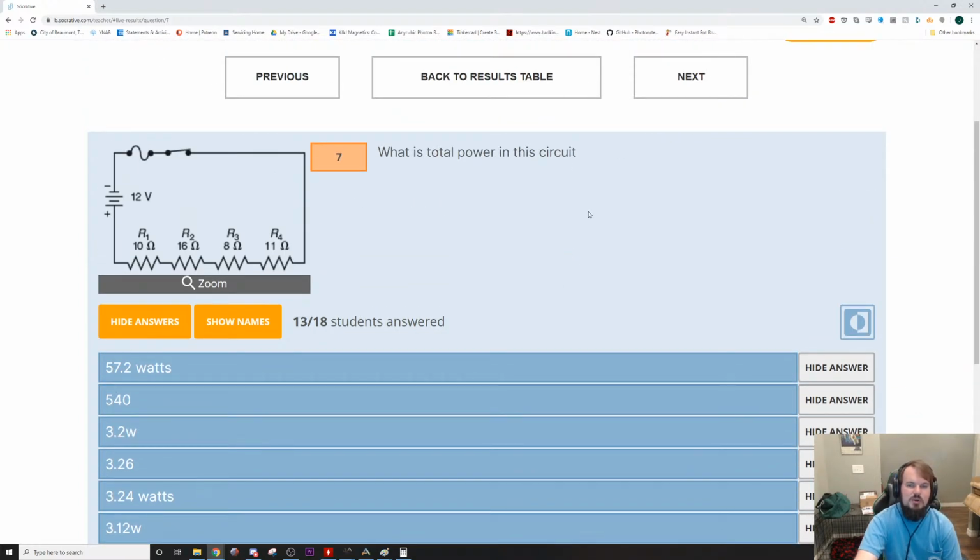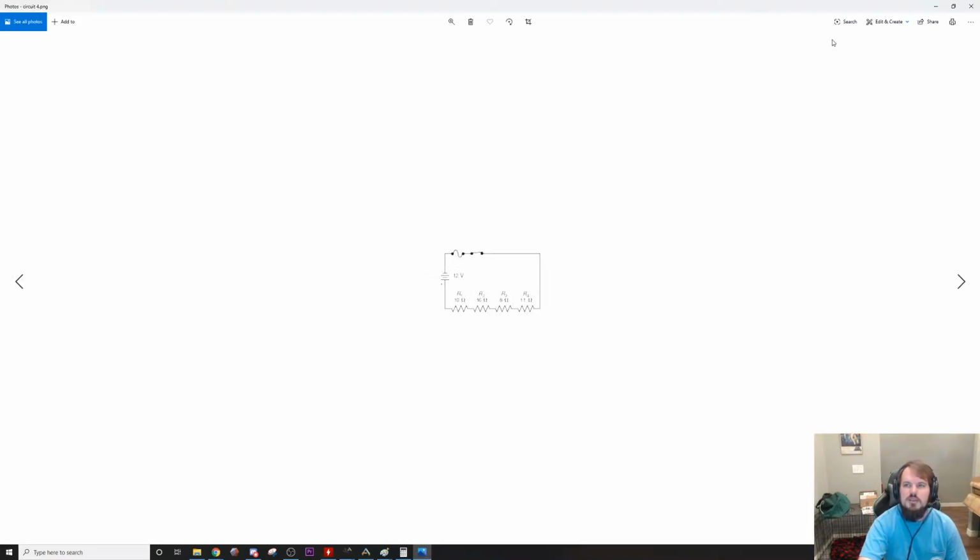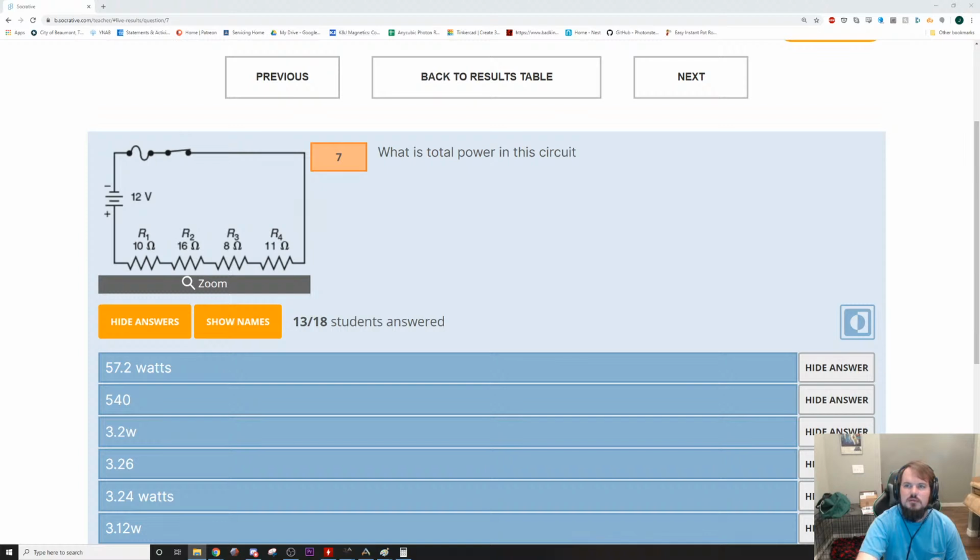Okay, what is total power in this circuit? So let's work this one. This is that circuit. Let's open with paint.